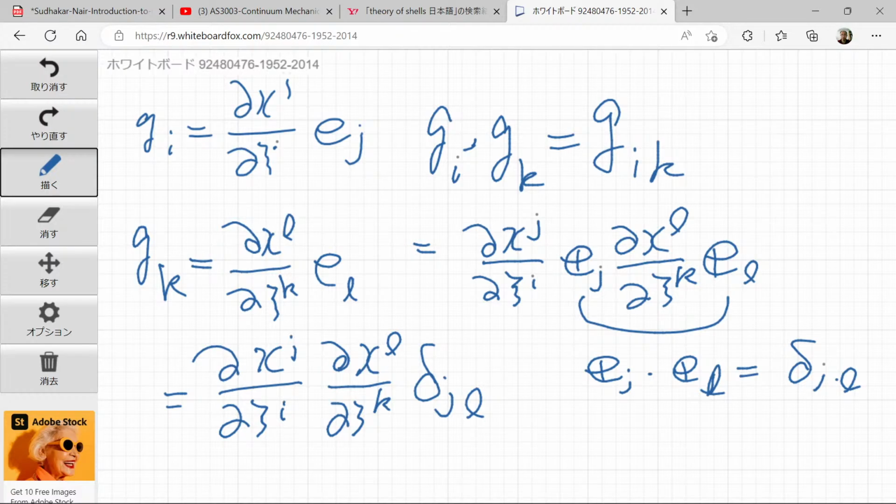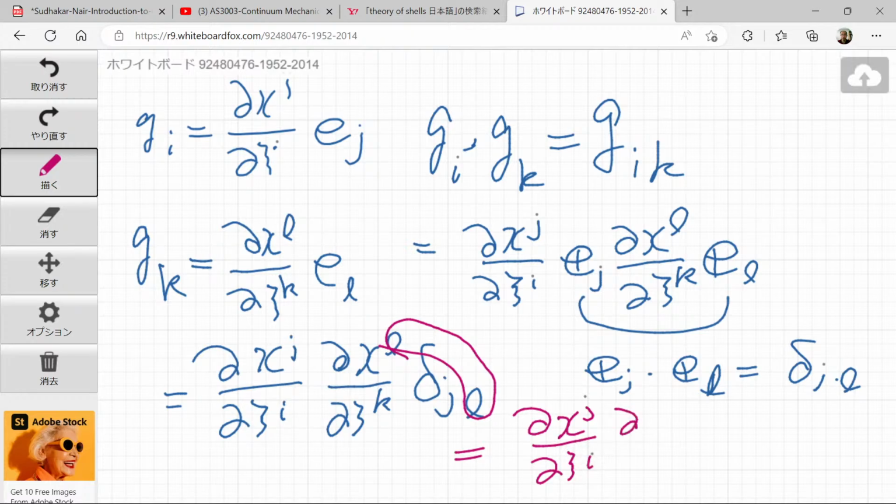Then maybe we apply the summation convention to the l part only. So then we will get ∂x_j/∂ξ^i ∂x_j/∂ξ^k. That's the end formula.